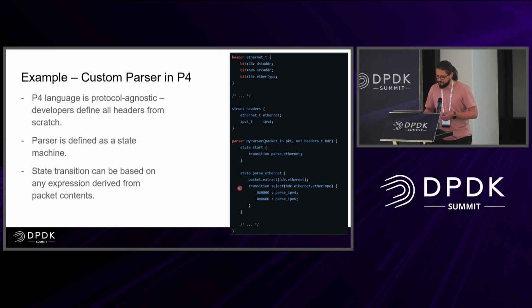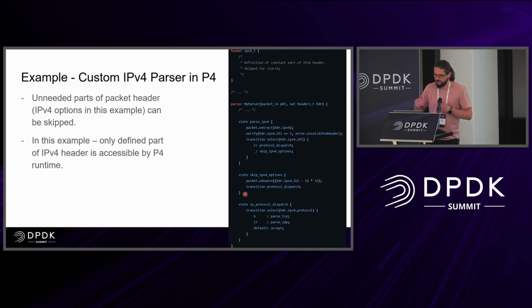In this state, we assume that whatever bits we got in the packet are an Ethernet header, and we extract the value of ether type, and based on that we go to the next stage of the parser. In this example, we either go to the IPv4 or IPv6 parsing stage based on the ether type value.